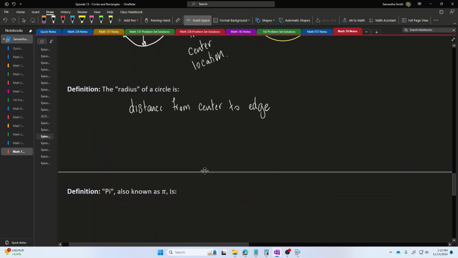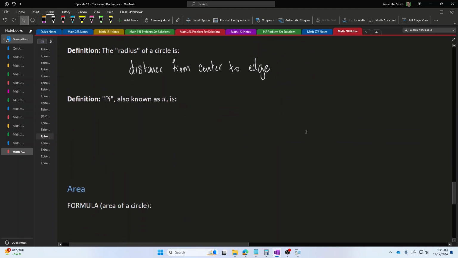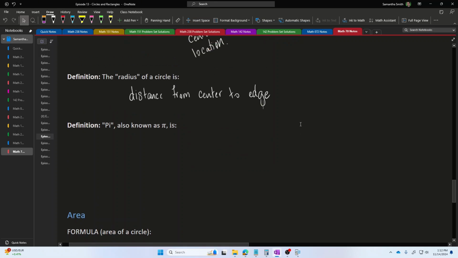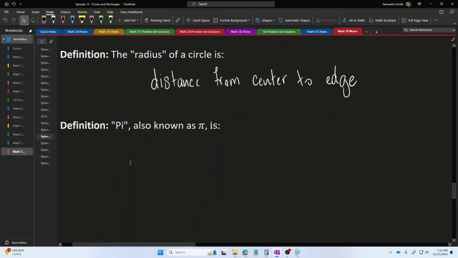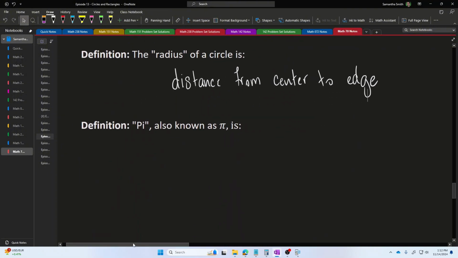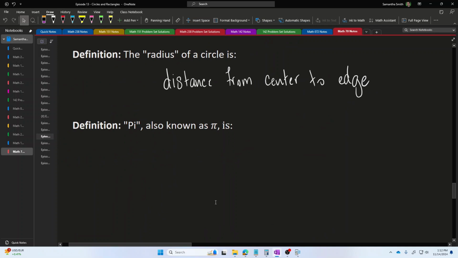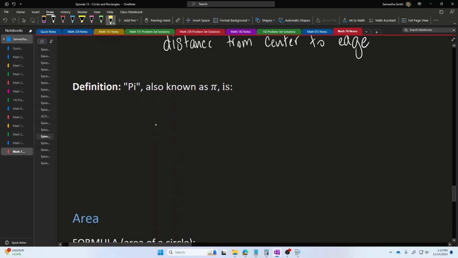Now, when you are dealing with circles, there is a very special and strange number that is involved in most calculations involving circles. And that is this number represented by the Greek letter pi. And the Greek letter pi looks like this swoopy bar with two legs coming down like this.